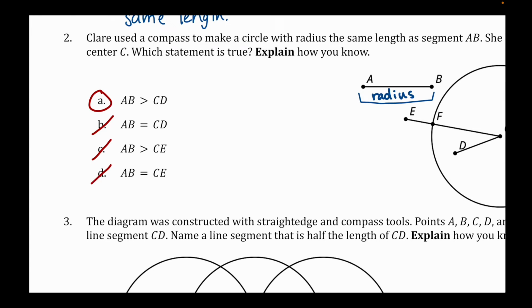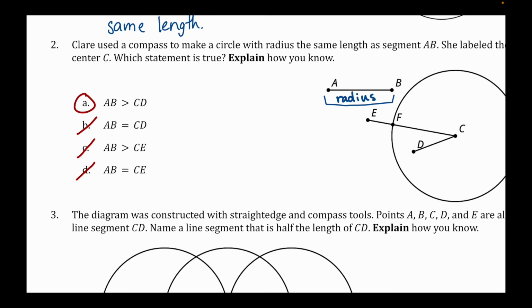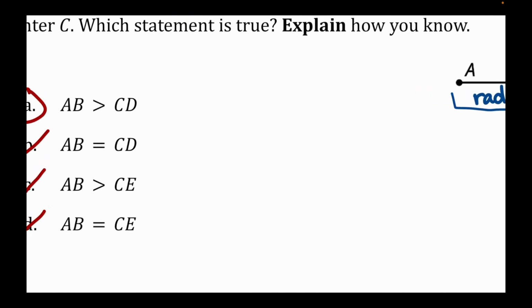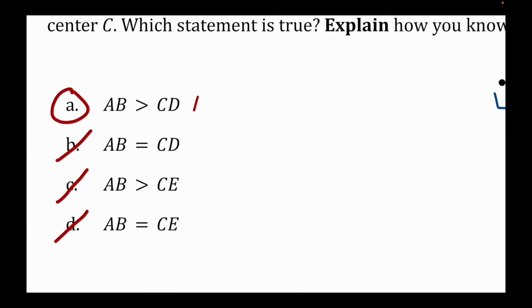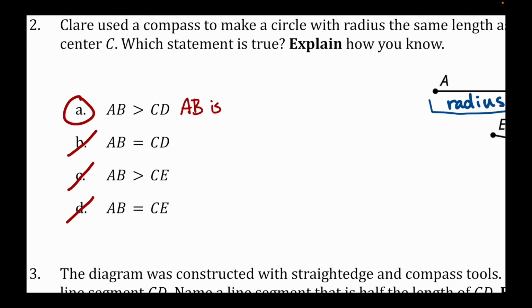So we're going to say AB is greater than CD, and our reason here is that AB is the radius length. I'll write this actually in a little smaller, finer print so I can fit more of it here.